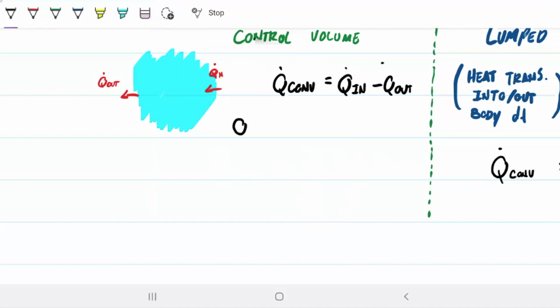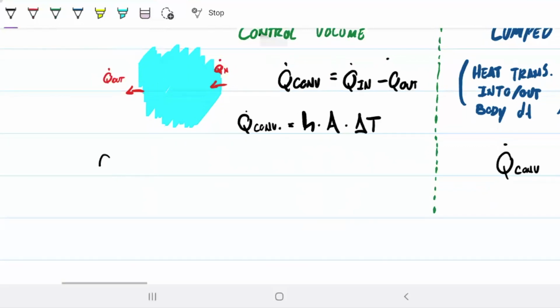And we know Newton's law of cooling, a simple equation, says that the convection is my convective coefficient, the area through which they can exchange heat, and the delta T. We knew this already. So that means I can rewrite my Q convection as, what is my Q in?